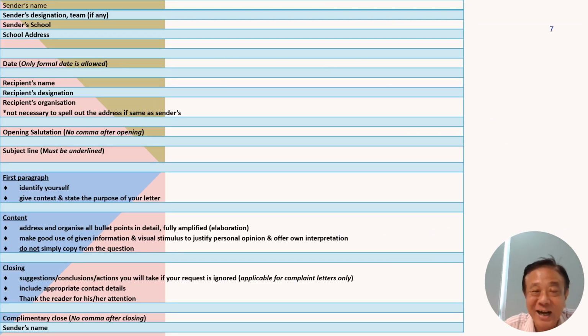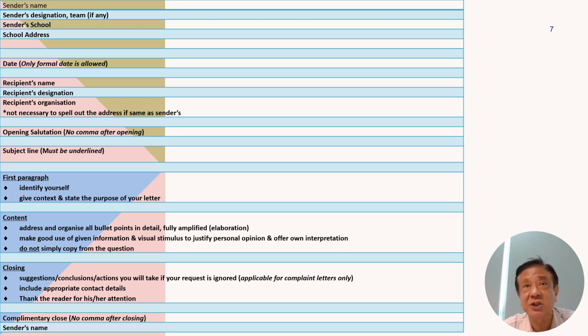For writing to an authority or to someone within the organization, you need to include your name, your designation, whether you're the class chairperson or the president of the club, and then you also have to indicate the name of the person you're writing to, the designation, and of course the subject line, and the rest follows the same as the format for writing to someone in the external organization.